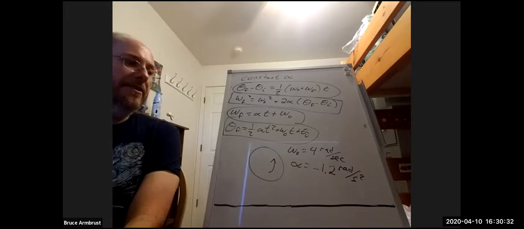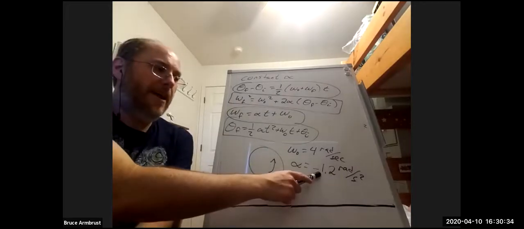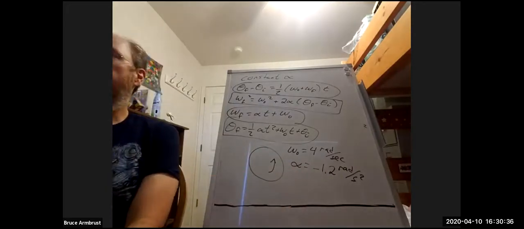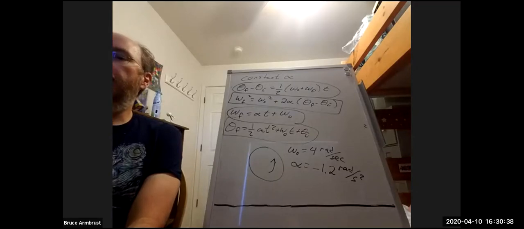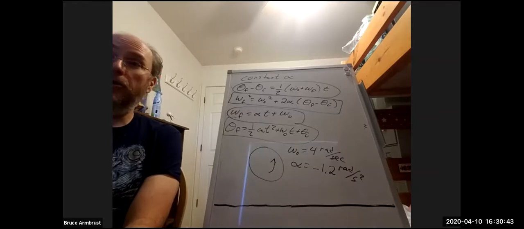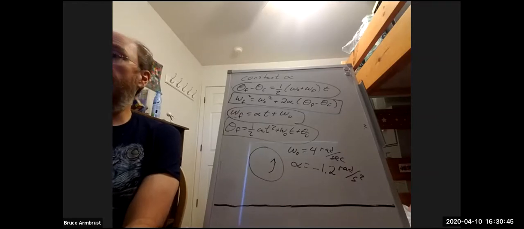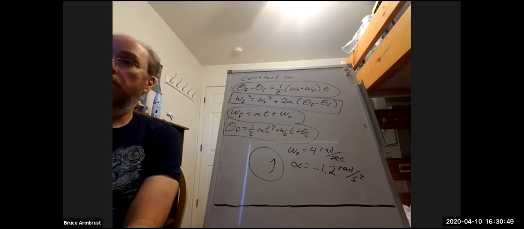It's accelerating. It's definitely accelerating because we have non-zero acceleration. But what does that mean in terms of the spinning of this? Is it going to be spinning faster? Is it slowing down? Is it changing direction?